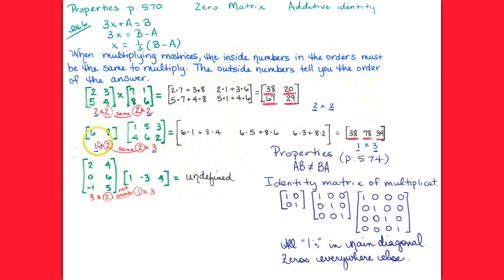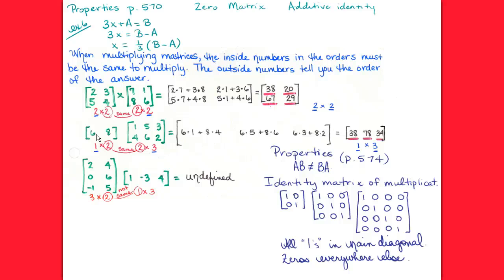Come back to this guy right here that we were just working with, right? We had a 1 by 2 times a 2 by 3. So maybe this is matrix A and this is matrix B, all right? If I tried to reverse the order, if I tried to say matrix B times matrix A, so I put this one first and this one second, all I did was reverse the order. That would be a 2 by 3 times a 1 by 2, right?